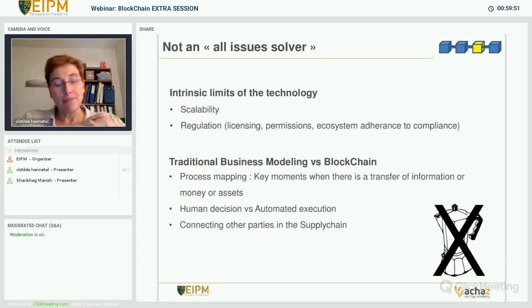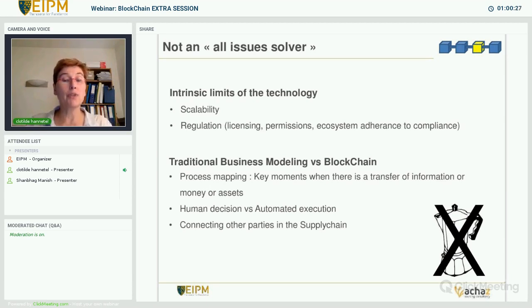Now that we've seen a detailed example and shown the added value, we would like to walk you through some limits of the blockchain, because the blockchain won't solve all the issues of your company or of your processes. It's not an all-issue solver. So we don't want to mislead in our communication by saying that it will solve everything.